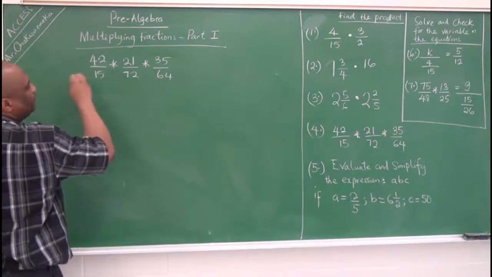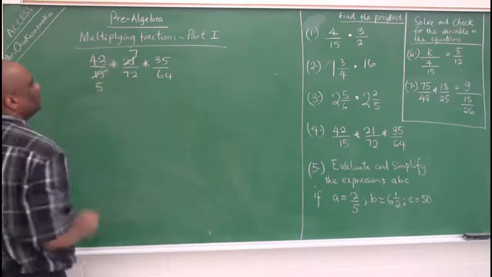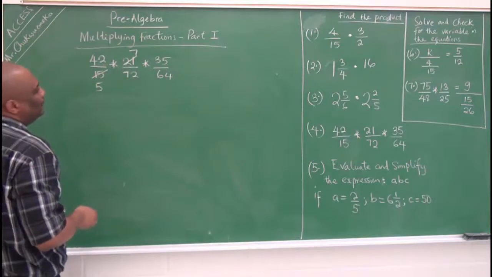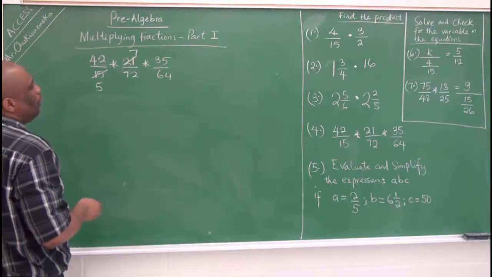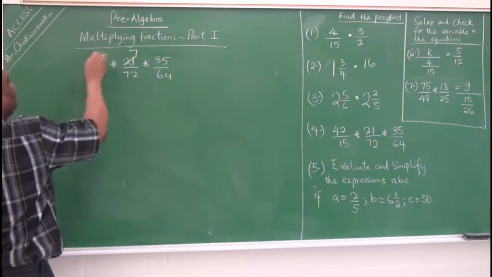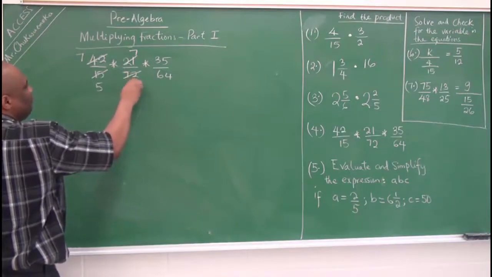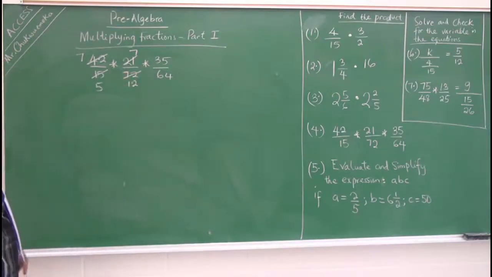3 into 15 is 5. 3 into 21 is 7. Which other one? 6 into 42 is 7. 6 into 72 is 12. Right?